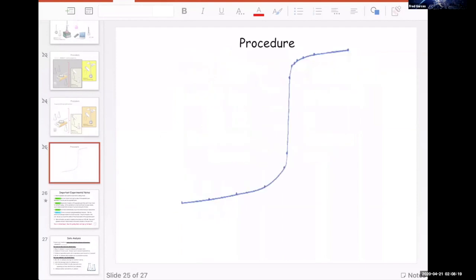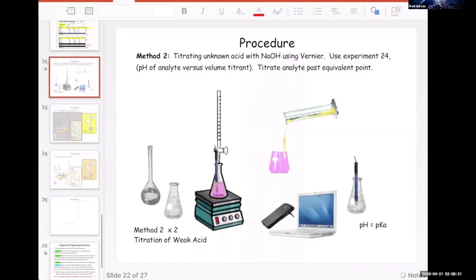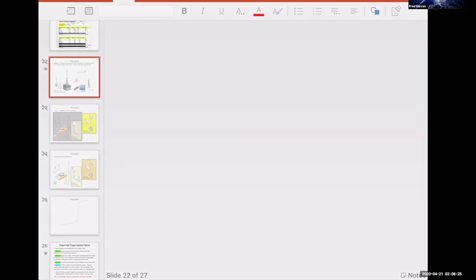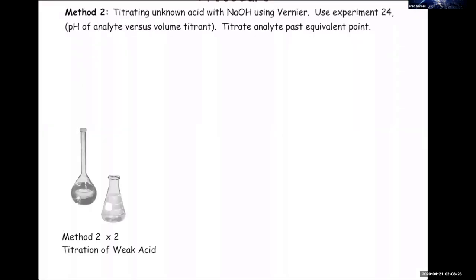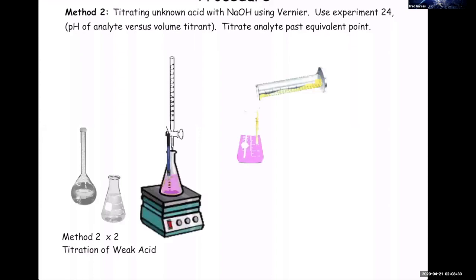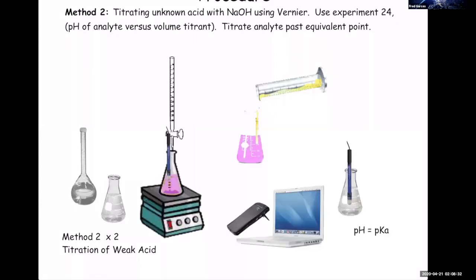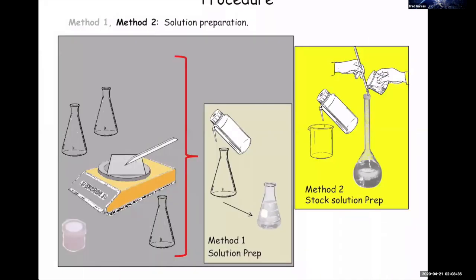And then, so again, illustration of what's happening. We're doing the titration. We add acid back. We read the pH. That's the pKa. So that's method 2.